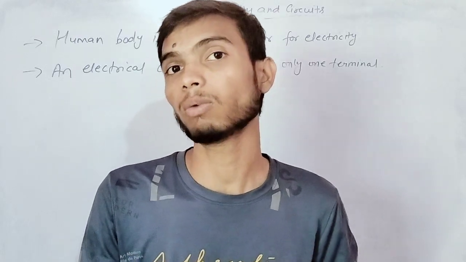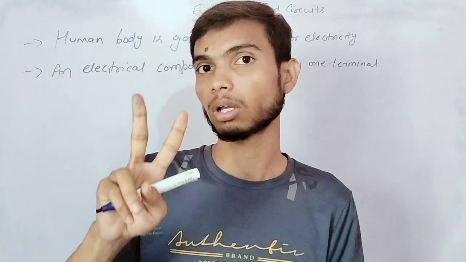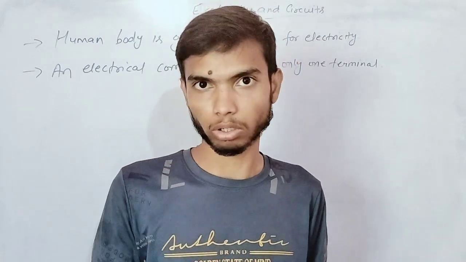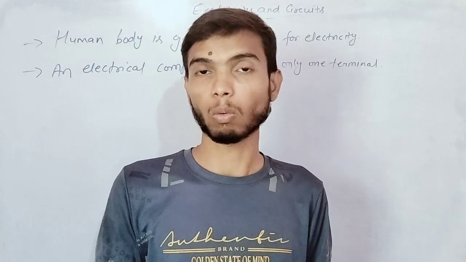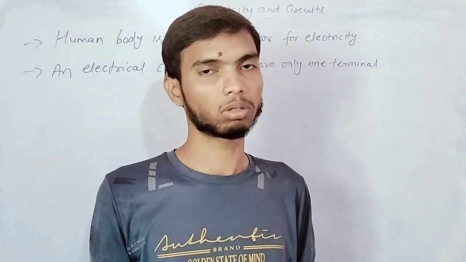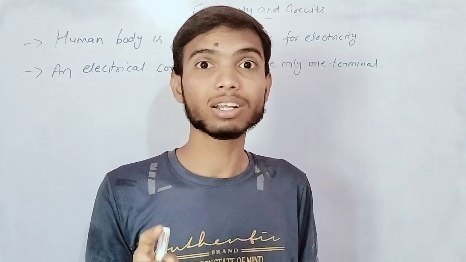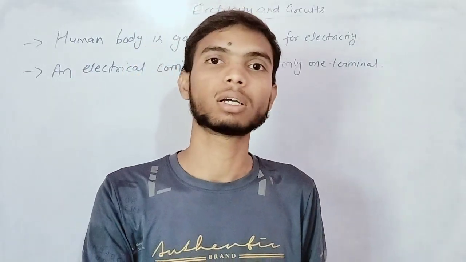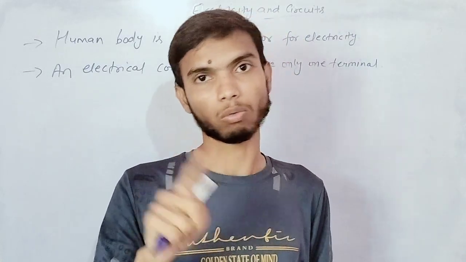But there will be two terminals. Always two terminals, not one. Not more than two, not less than two. So an electrical component will have two terminals, not one terminal.